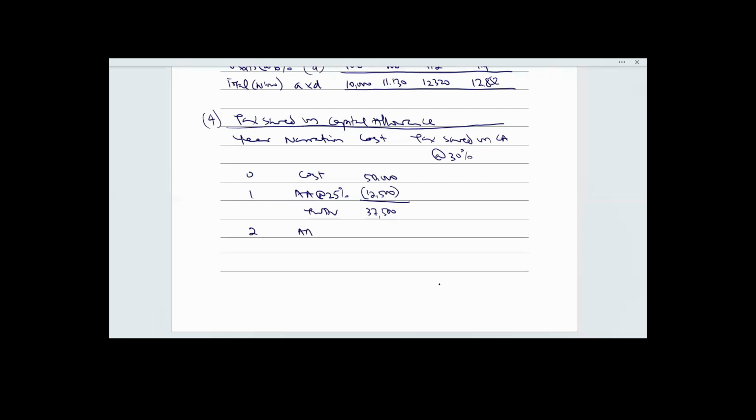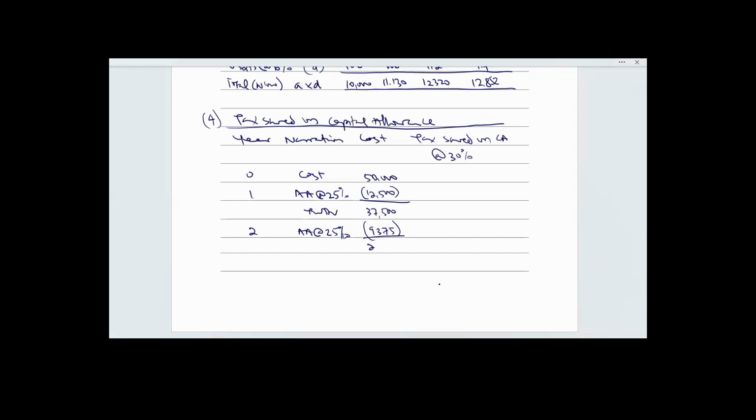So year 2 at 25% of the tax written down value. So 25% of 37,500 equals 9,375. So what's the difference?